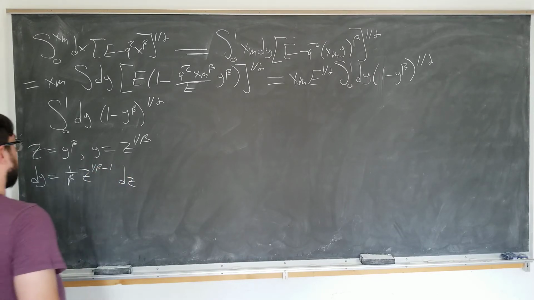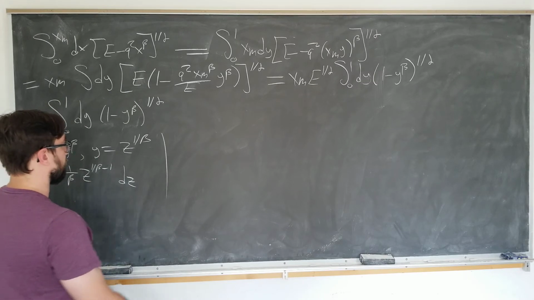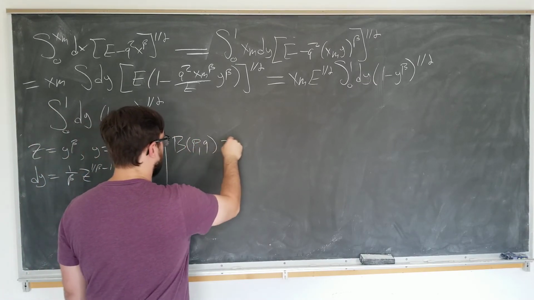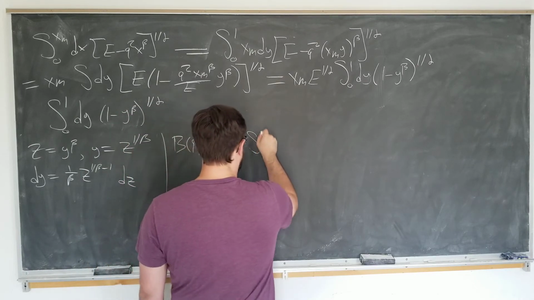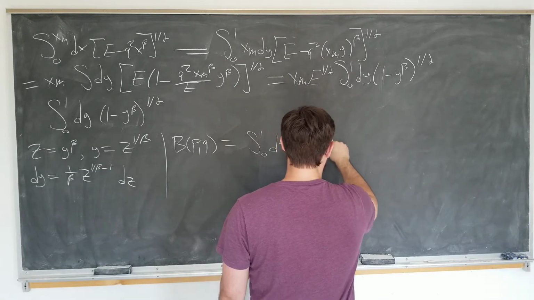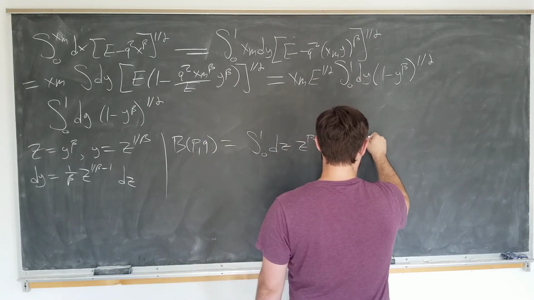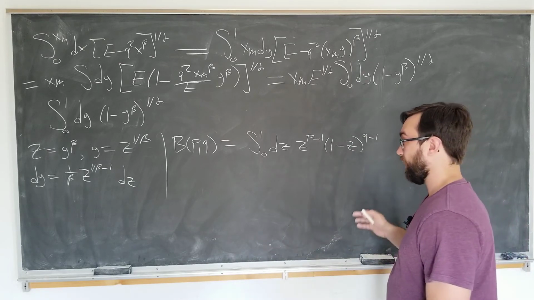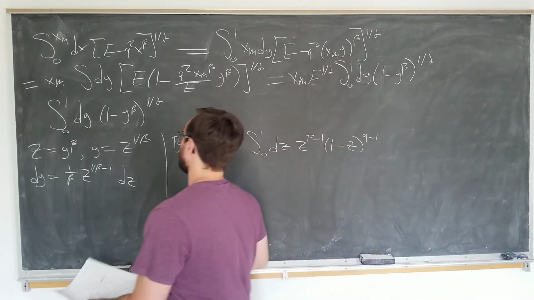Excellent. And we also want to talk about the beta function of p and q being defined as the integral of 0 to 1 dz of z to the p minus 1, 1 minus z to the q minus 1, since this integral is going to evidently be of that form.